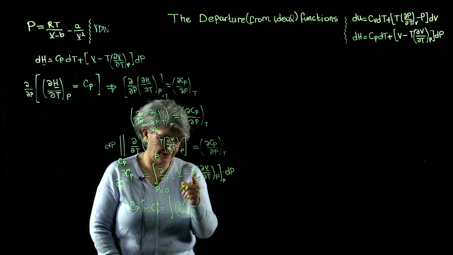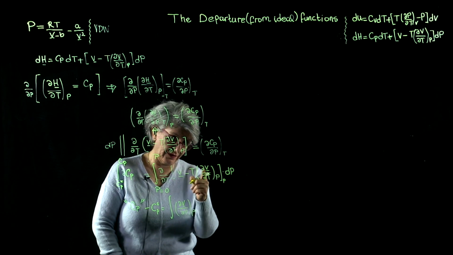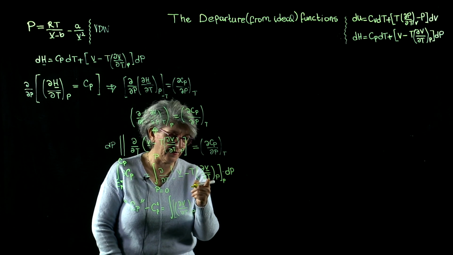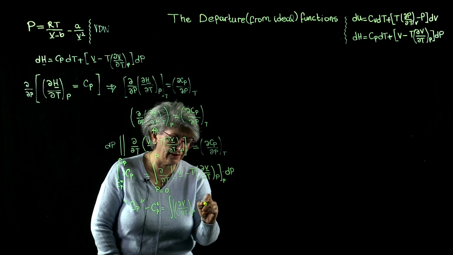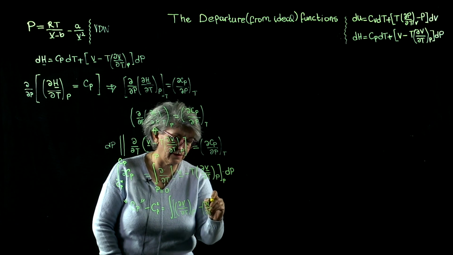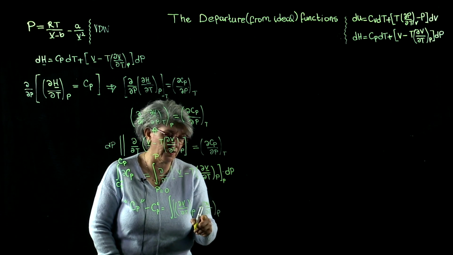Del T over del T, which is 1. So what we are left with is this term, minus del V over del T at constant P. These two terms will cancel one another.